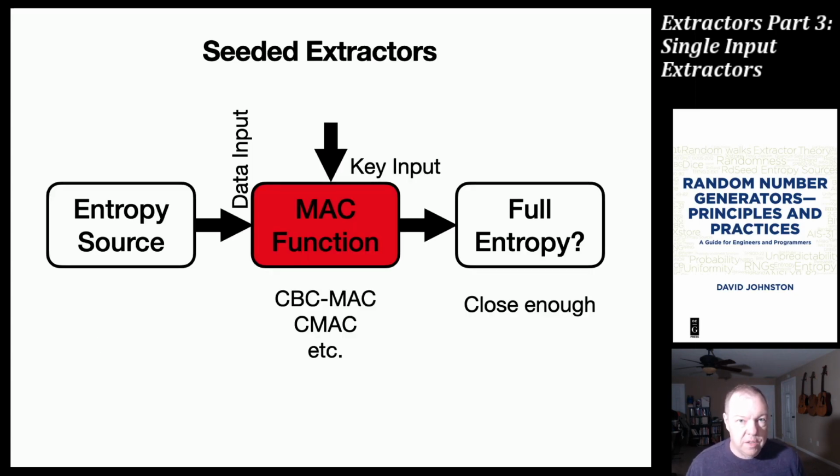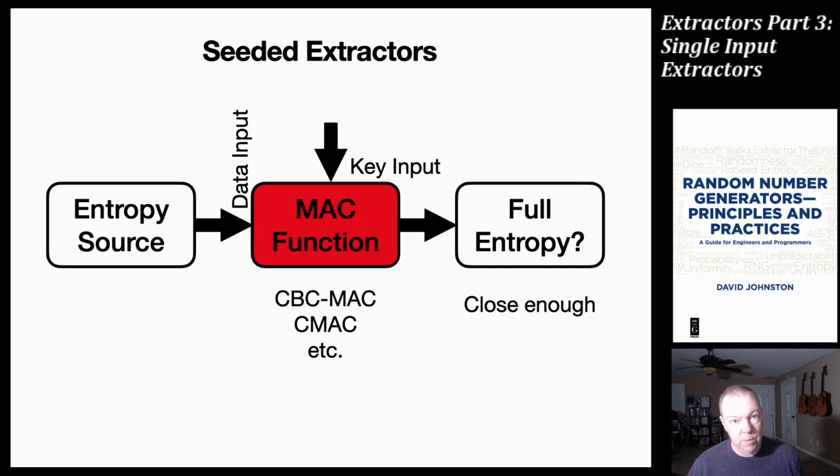There's another class called seeded extractors, which we're not covering this time round. An example here is CBC-MAC or CMAC. MAC stands for message authentication code, because it's usually used to authenticate messages in communication protocols, but here it's being used to be an entropy extractor.